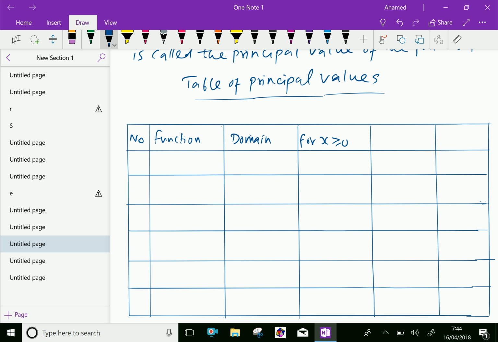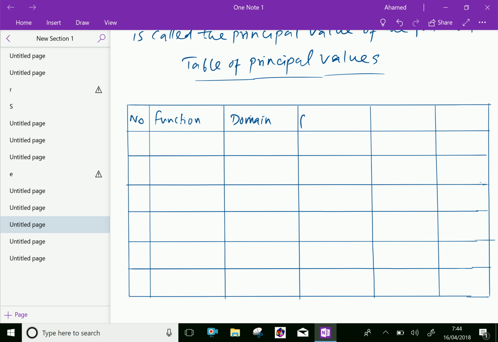Domain, principal value, and for x is greater or equal to 0, for x is lesser than 0. Now let us fill one by one.